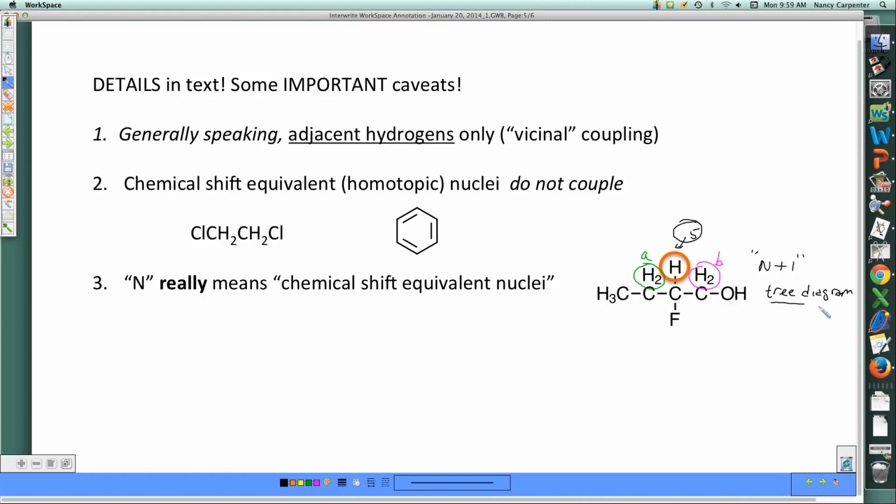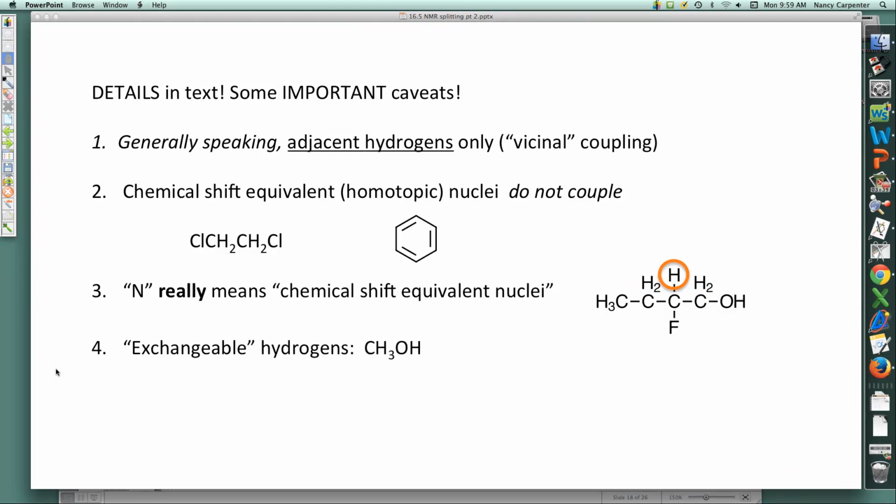We really need to understand it by drawing tree diagrams. So when we say n+1, we're talking about homotopic hydrogens. In this particular case, the orange hydrogen is split into a triplet by H sub A, and then that triplet is split again into another triplet by H sub B. Since they overlap, it looks like 5 hydrogens.